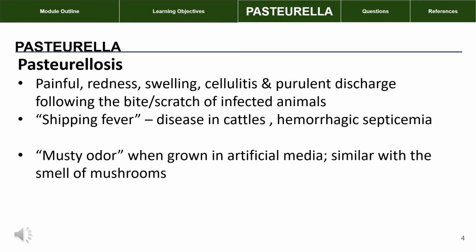It exhibits hemorrhagic septicemia. And lastly, one more thing to remember about pasteurellosis is that it has a musty odor when grown in artificial media, similar to the smell of mushrooms.